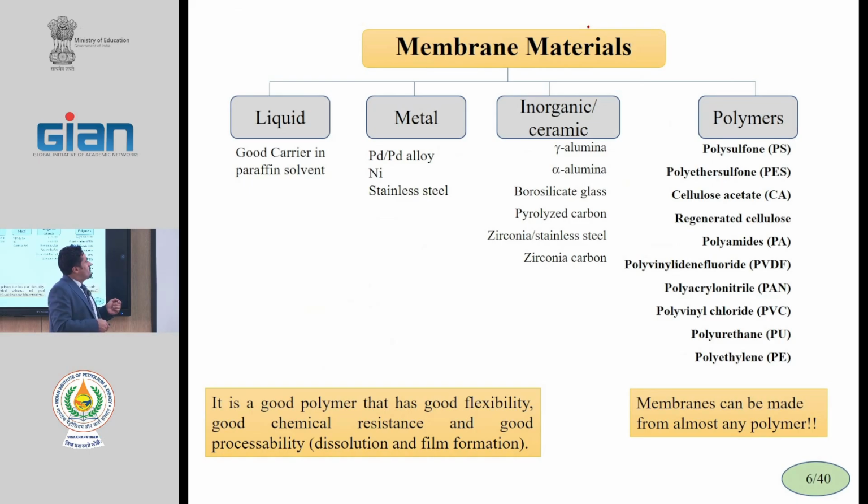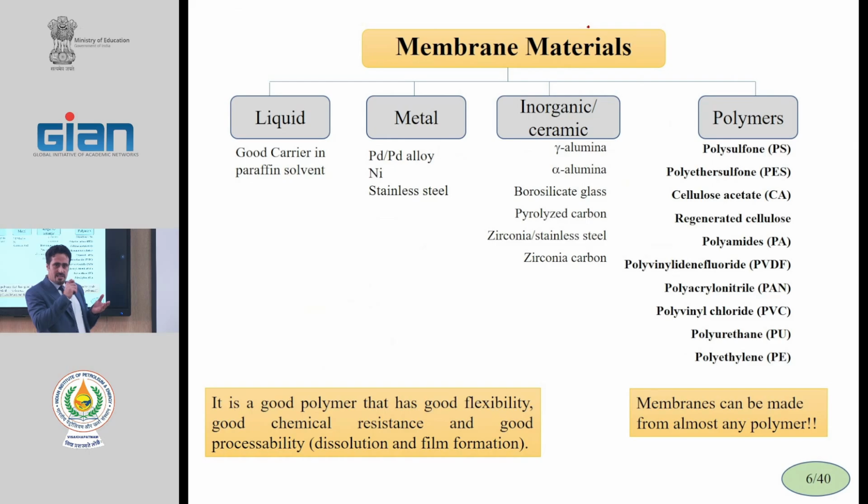And the fouling of ceramic membranes is lower than polymeric. The durability, chemical resistance, solvent resistance, and thermal resistance of ceramic membranes are better than polymeric membranes, but ceramic membranes are not flexible and are brittle.